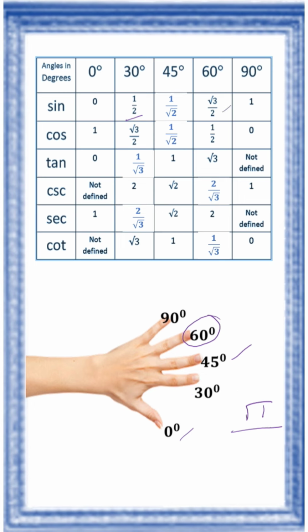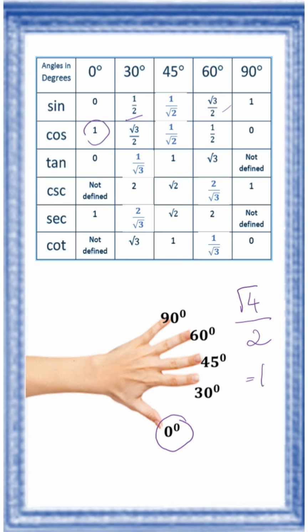For cos ratios, you have to count the number of fingers above the thing. So cos 0 is, there are 4 fingers above it. Root 4 by 2, that is equal to 1. Yeah, correct. Cos 60. Number of fingers above it is 1, 1 by 2.